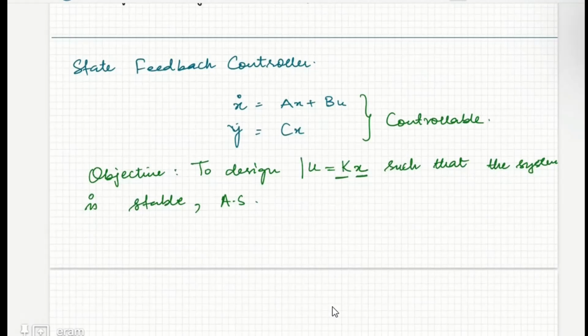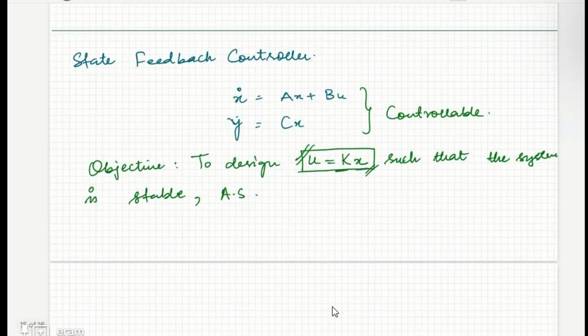Now we have already constructed the type of the controller, which is going to be u equals some gain matrix K and the state x.